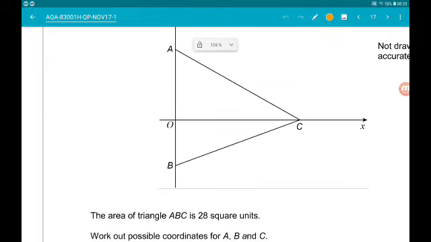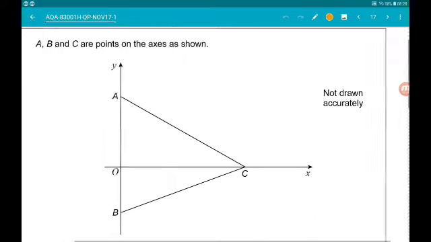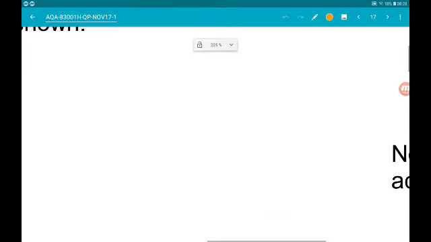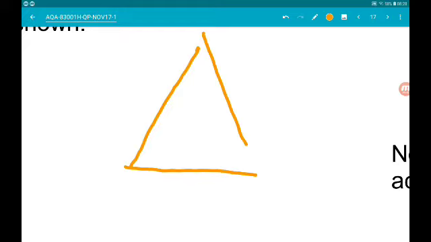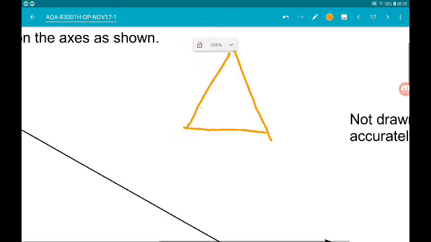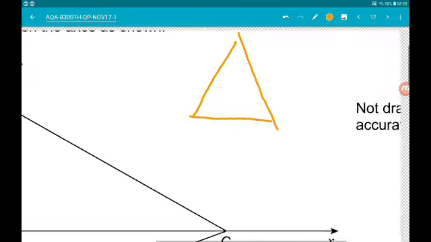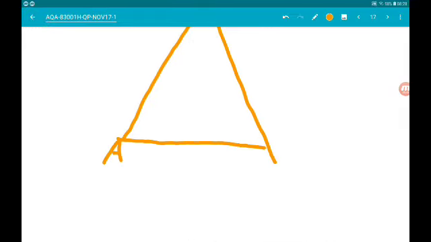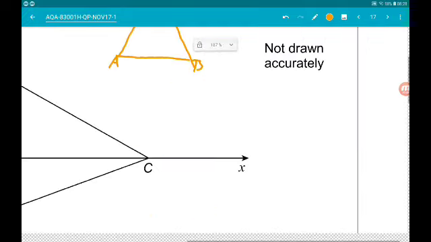I know this question causes a lot of problems, so let's make a sketch of triangle ABC, but let's set him on his base. So this would be A, this would be B, and this would be C.